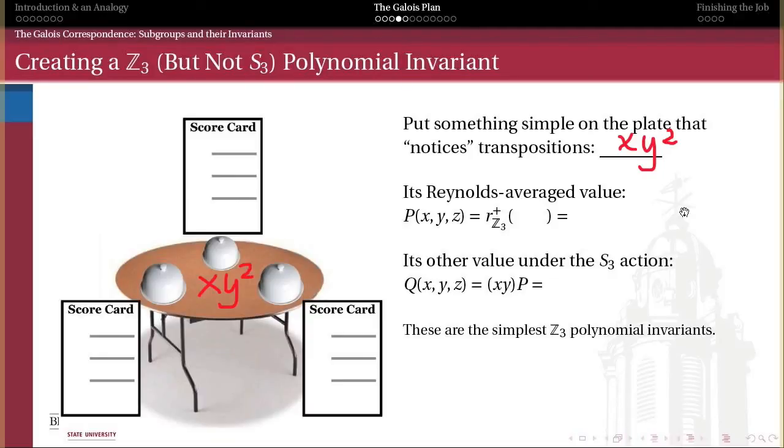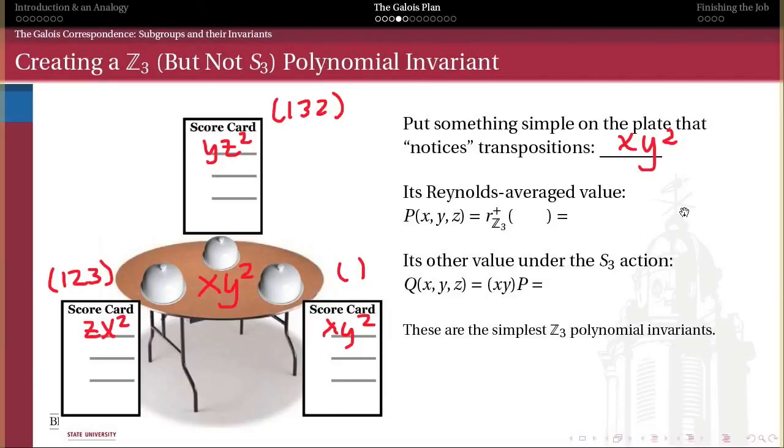So if I start with xy squared, and I put that on the plate, and I start with the elements of my Z mod 3 sitting around the table like this, then my scorecard is going to read xy squared. Over here, 1, 2, 3 is going to turn this into, well, in place of x, now we're going to have z. In place of y, now we're going to have x. So zx squared. And then up here, I'm going to have yz squared. Then everybody rotates places, and since we end up getting the same total on every card anyway, I'm just going to record what happens on the card down here at the lower right.